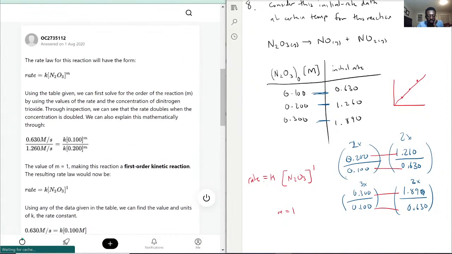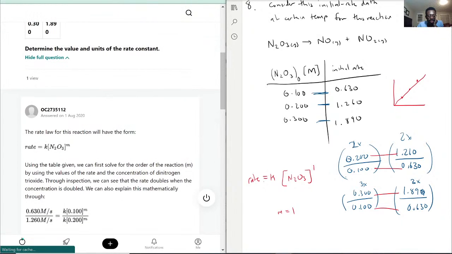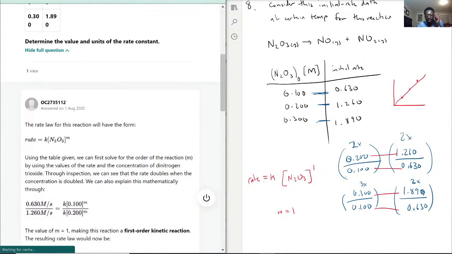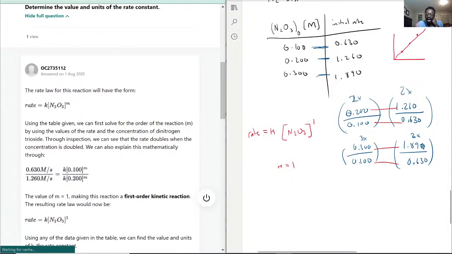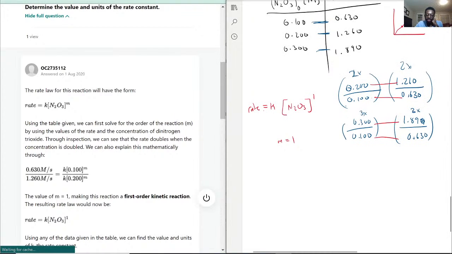Well, I mean the K. Let me see if the question is asking that. Determine the value and the units of the rate constant. So they do actually ask for that K. So the way they solve it there, as you can see here, you can actually, not even establish a relationship, and you notice M is equal to 1. You use any of the values there to find out what K is equal to.